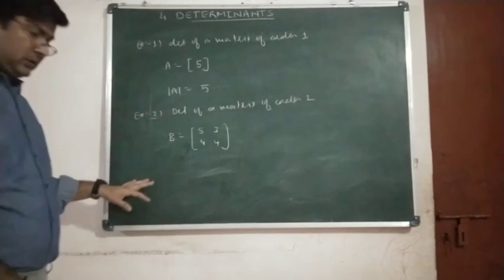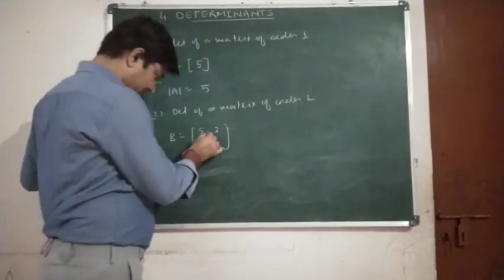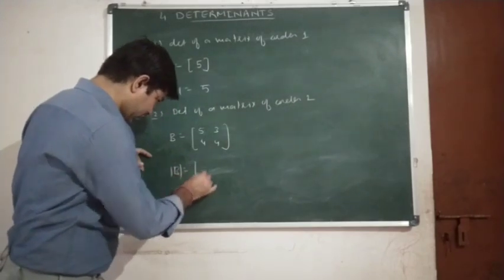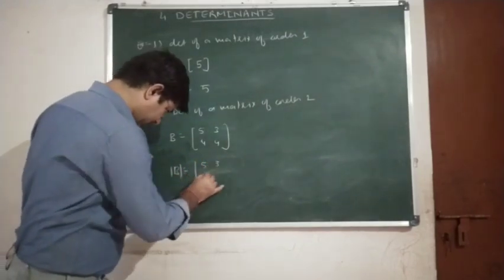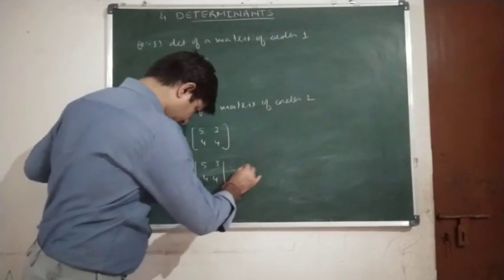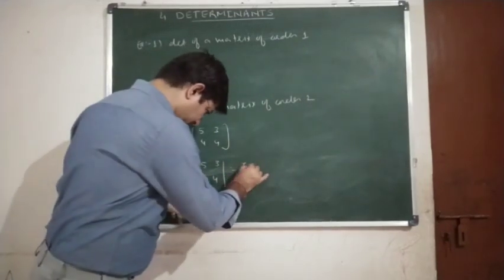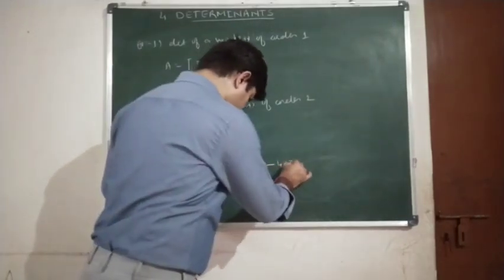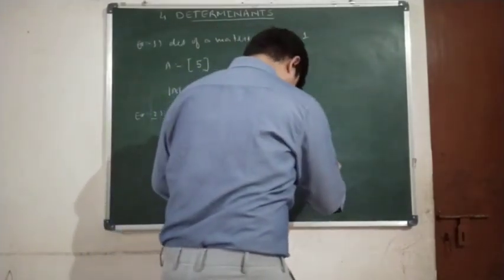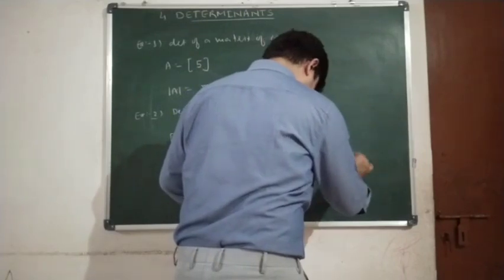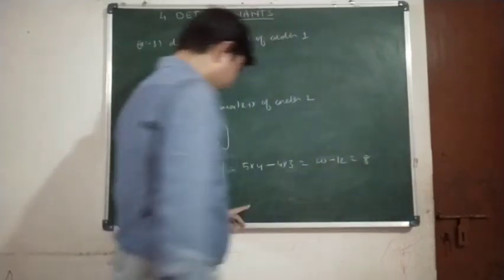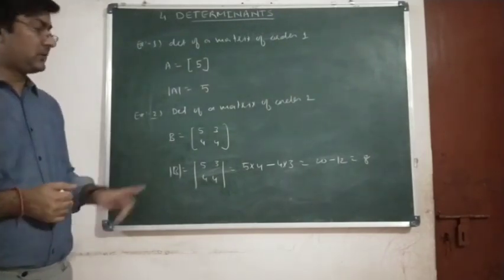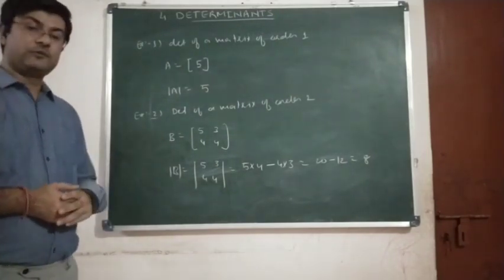Okay, now if you want to find the determinant, determinant of B is equal to the product of diagonal elements minus product of off-diagonal elements, which is equal to 5 4s are 20 minus 12 is equal to 8. So I hope you have understood how to calculate the determinant of a matrix of order 2.